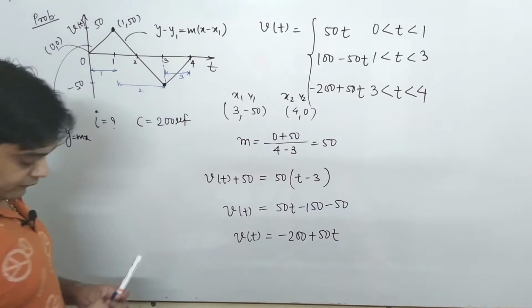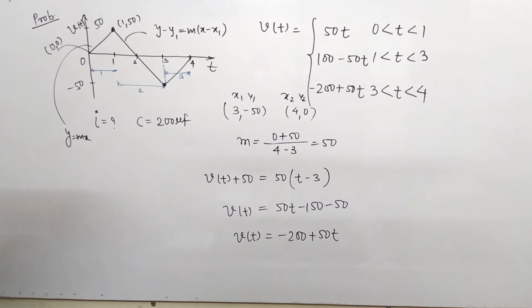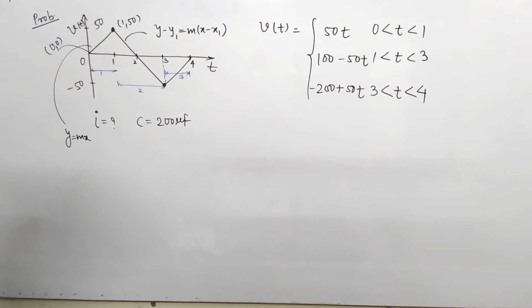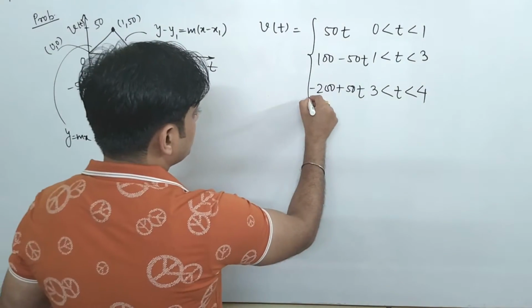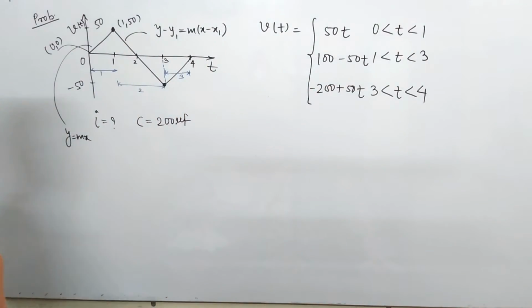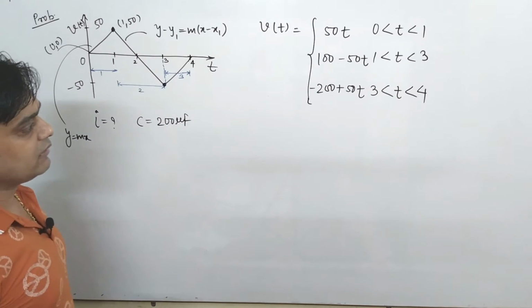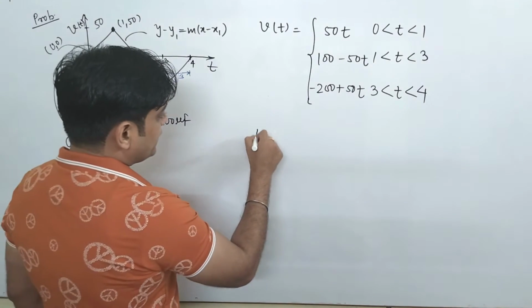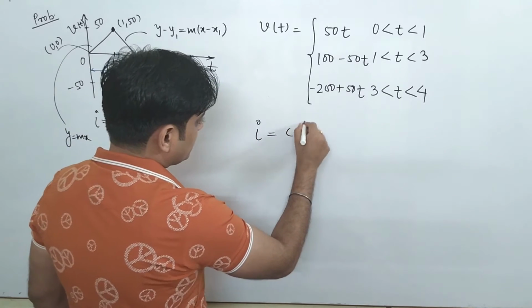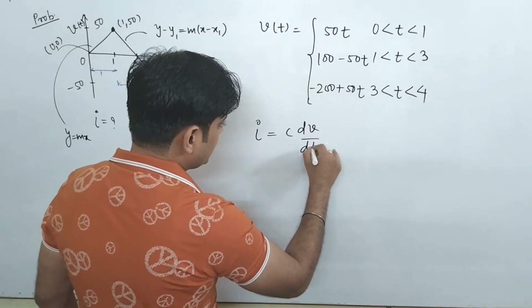So from here finally we have found all these three values between our time intervals 0 to 1, 1 to 3 and 3 to 4. So this is our voltage equation. As I already mentioned, the current in a capacitor is given by C dV by dt.